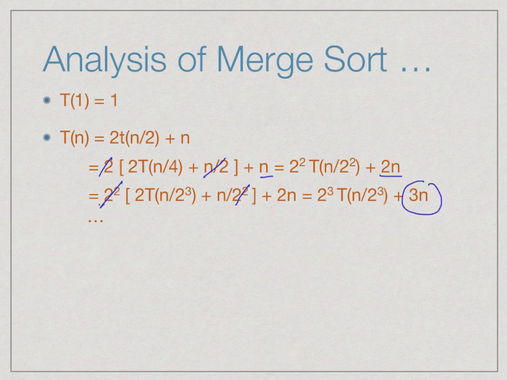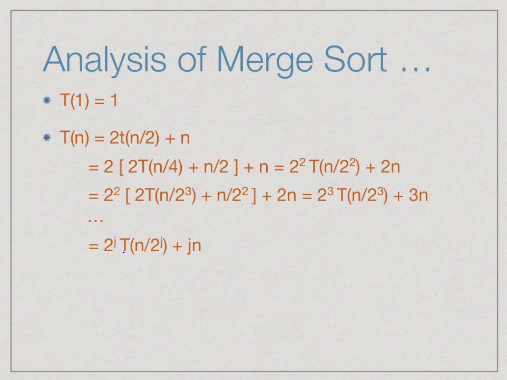And then 2 squared into 2, this product will give us 2 cubed. So after 3 steps, we have 2 to the power 3, t n by 2 to the power 3 plus 3n. So now we see a pattern emerging: this is 3 steps, and we have a 3 here, a 3 here and a 3 here. So you can check that if you do this j steps, you get 2 to the j, t n by 2 to the j plus j times n.